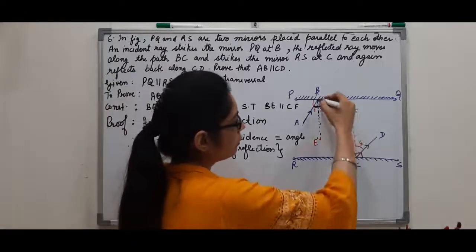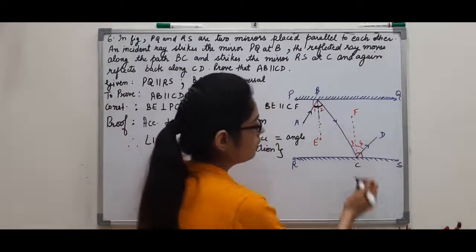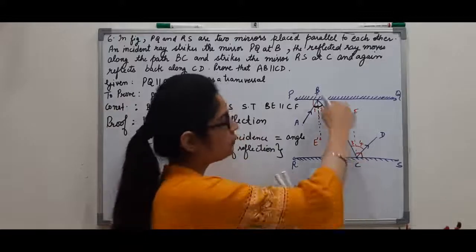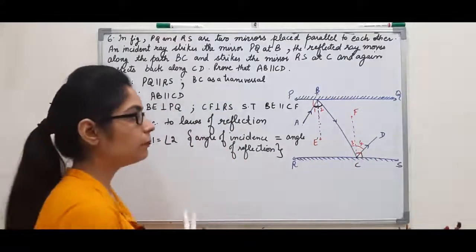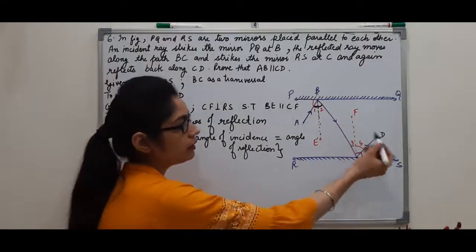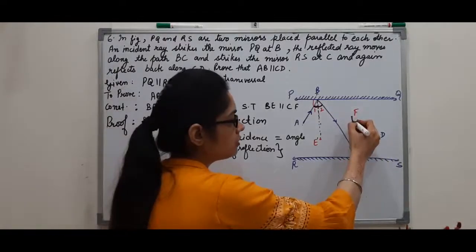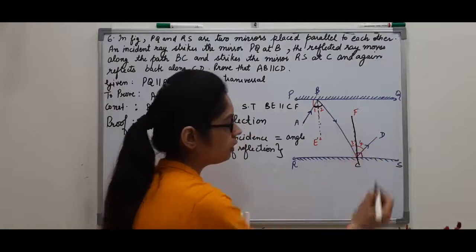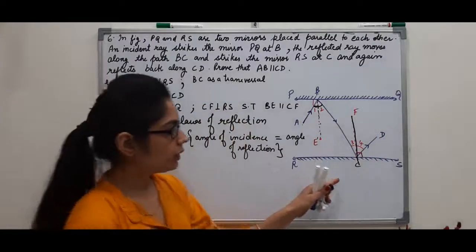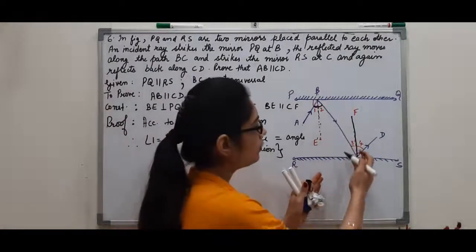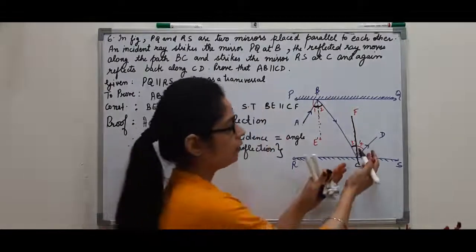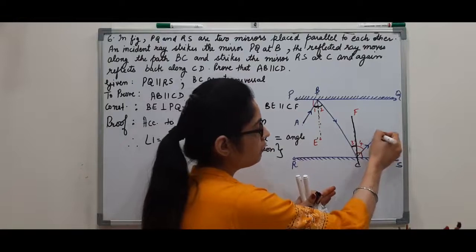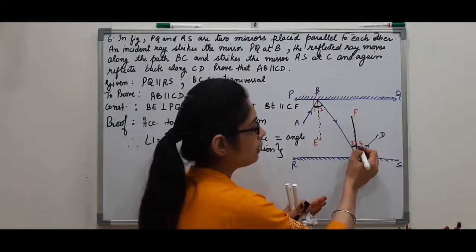In the same way, this ray is now striking here, which means for this mirror BC is the incident ray. Again we'll apply the same law, that angle 3 is equal to angle 4. Since this is the perpendicular or normal, the angle between the incident ray and this normal is angle 3, and the angle between the reflected ray and normal is angle 4.